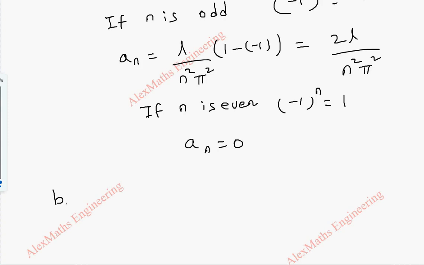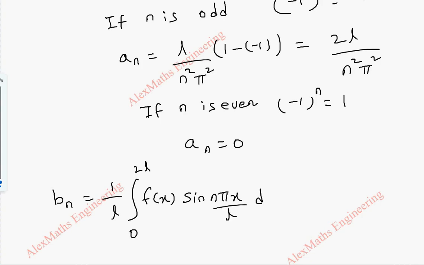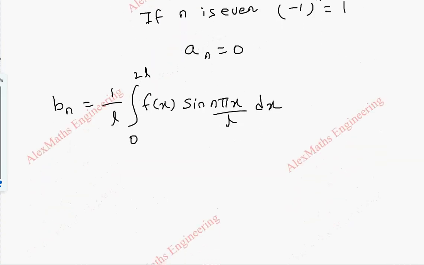Now we are going to find bn. For bn, again the formula is 1 by L integral 0 to 2L f of x sin n pi x by L dx. We are going to split this into two parts.